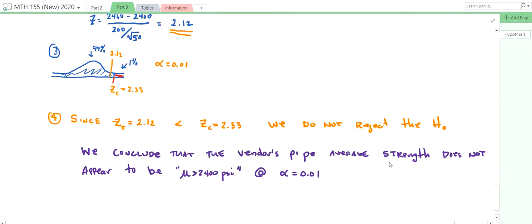We conclude then, again, that we will not reject the null hypothesis.